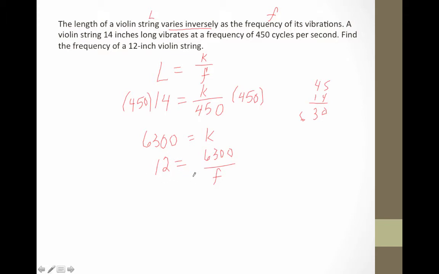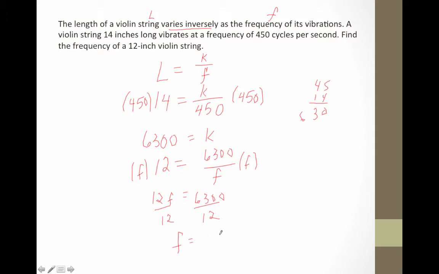But you can also take 2 steps here. We can unmultiply by f to get it out from the bottom. So we have 12f equals 6,300, and then unmultiply by the 12, and you still get the result that f is 6,300 over 12.